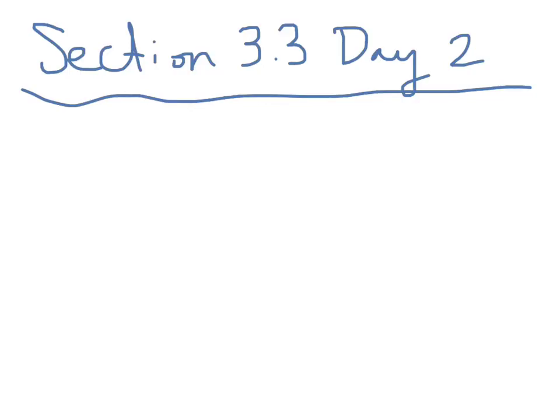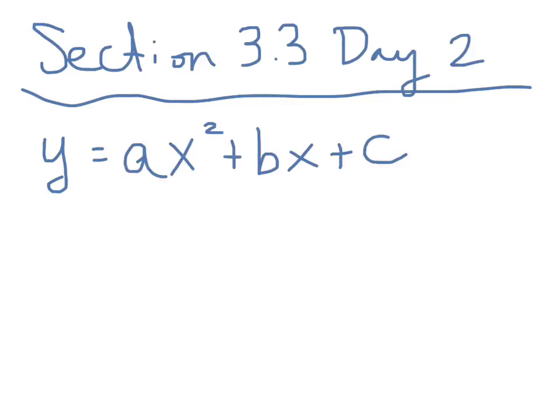Okay? But the second half of your assignment is going to ask you to do this. It's going to give you an equation, y equals ax squared plus bx plus c, and ask you to write it in vertex form.